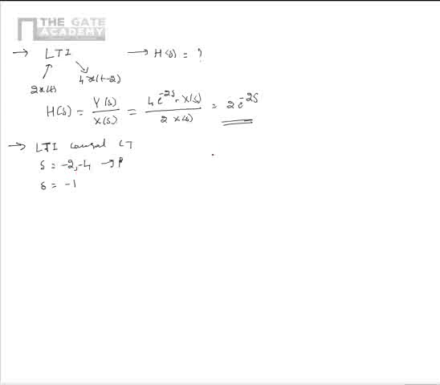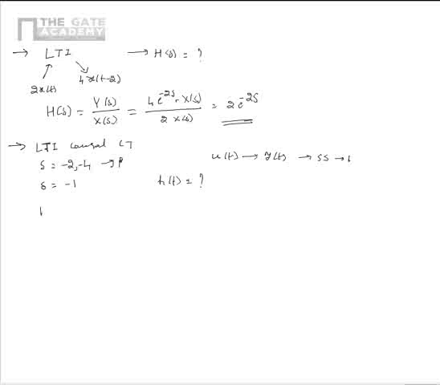It is given that there is a unit step input given to the system to get an output of y of t, which has a steady state value of 1. So from this, we need to find the impulse response of the LTI system.